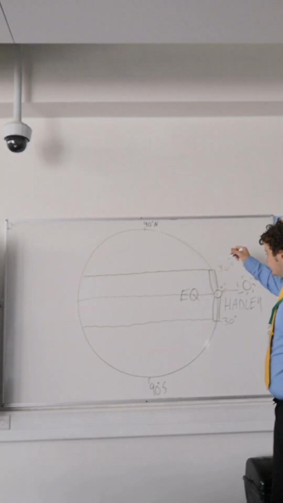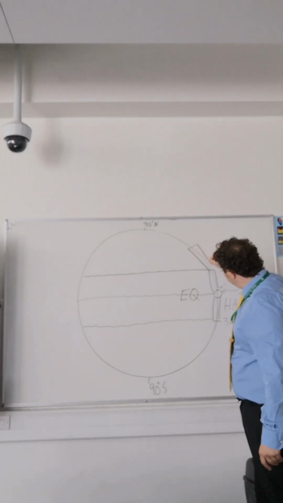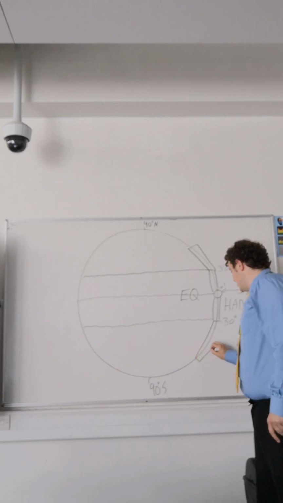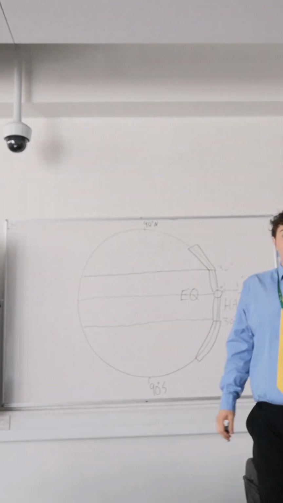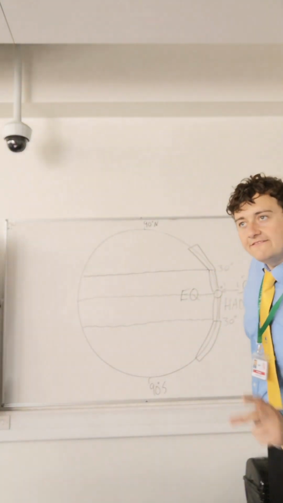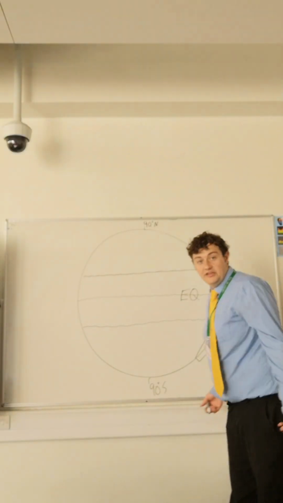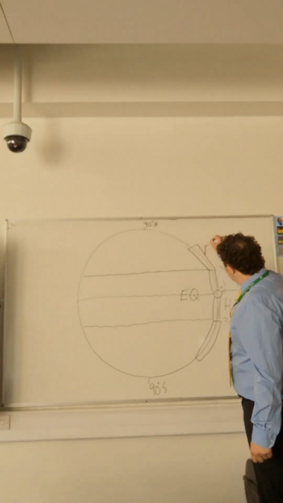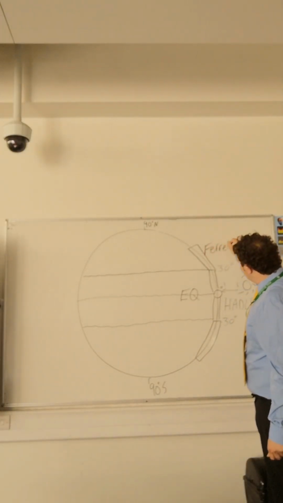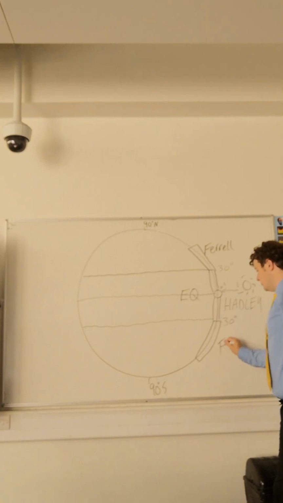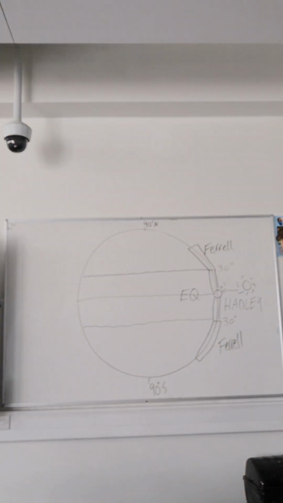From 30 to 60, so the next one, excuse my pen there, 30 to 60, it's not the Hadley cell anymore, it's the Ferrel cell. This is where the UK is, in the Ferrel cell. Ferrel, north and south of the equator.